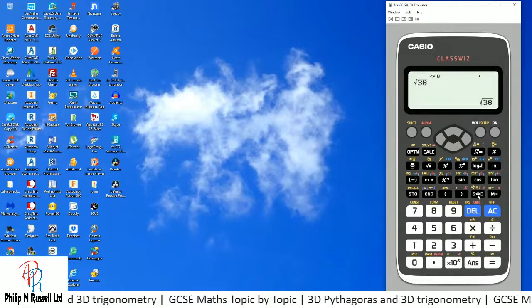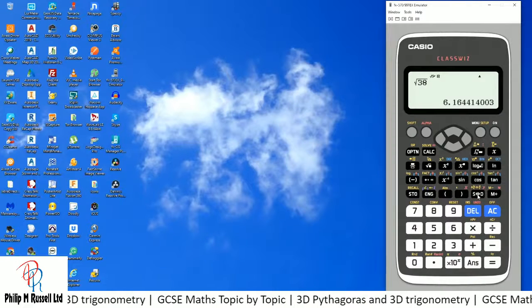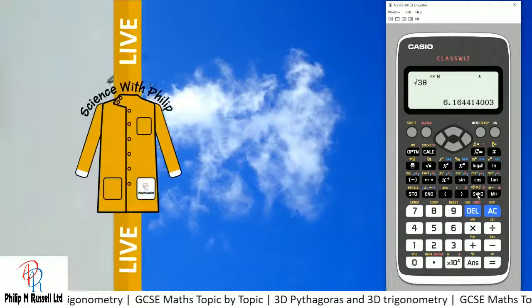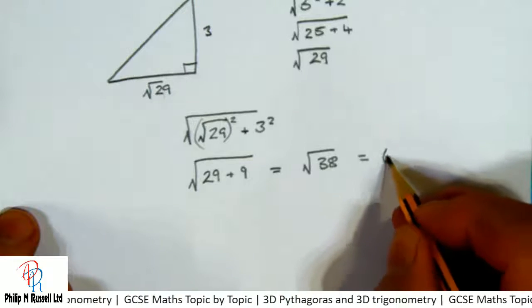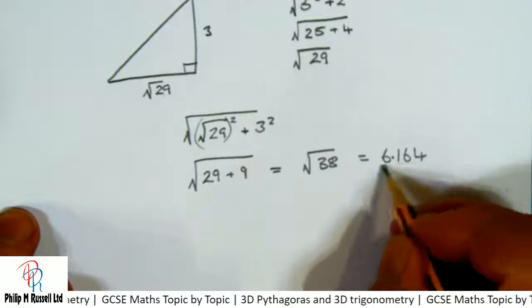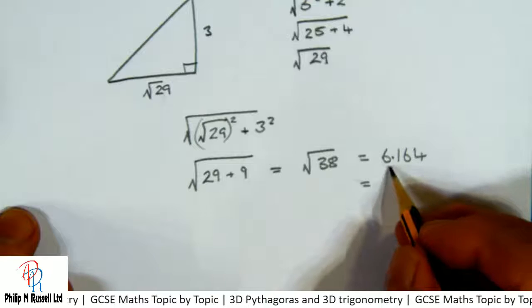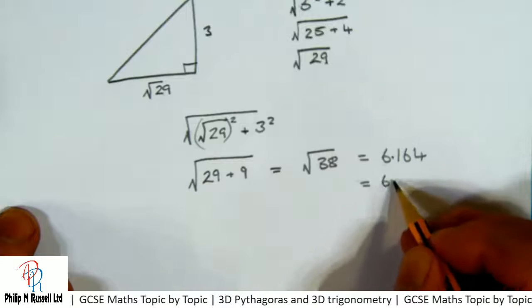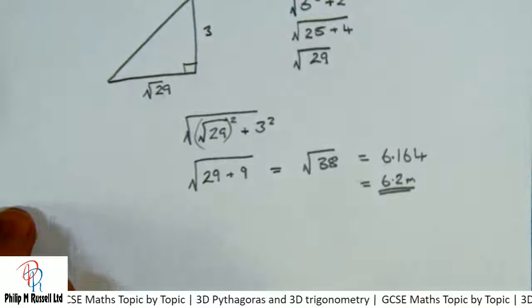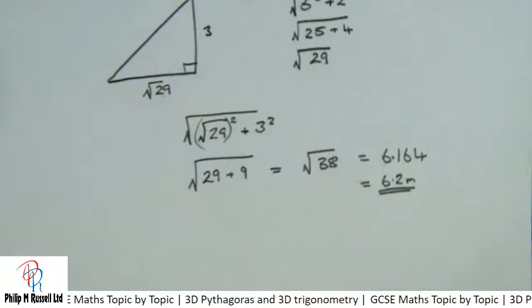Press the SD button, and this is going to give me the answer of 6.164, or if I'm going to do this to one decimal place, this is going to be 6.2 meters. And there is my answer.